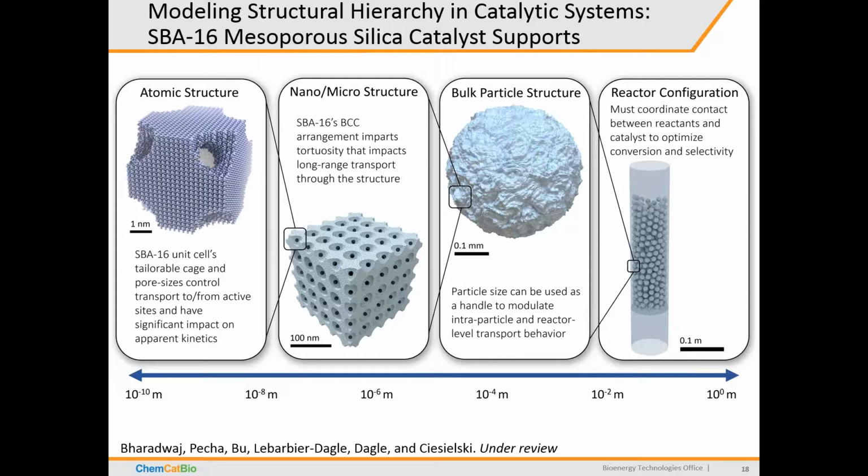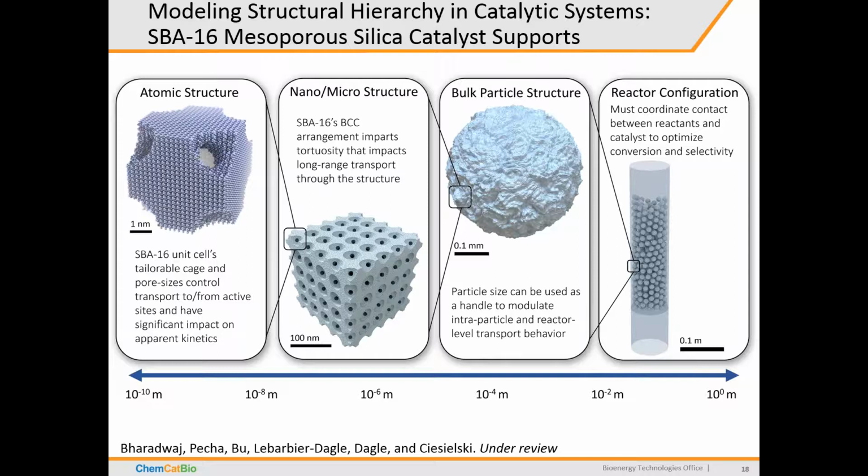We then take that and tessellate it into a larger domain, apply the effective diffusion coefficients for the different locations, and then we're able to do finite element diffusion calculations over a larger scale. We can then incorporate that again into a particle scale and finally into a reactor scale. So I'll walk you through each one of those scales in the next few slides.